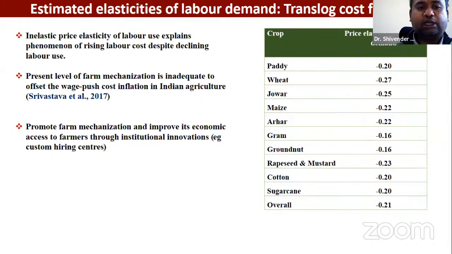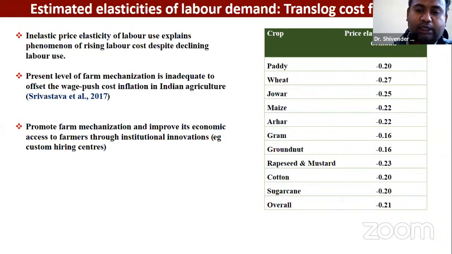This also signifies, and technically we can also show, that we cannot substitute every operation of labor with the machine. It may be possible, for example in paddy, that we can transplant the paddy using a transplanter, or in some other operation we can use a machine, but not all the operations can be done by the machine.